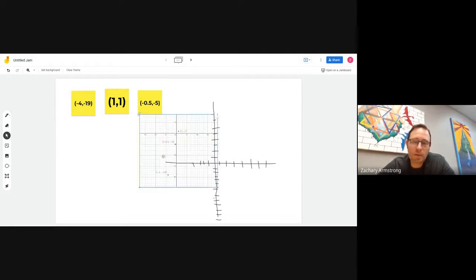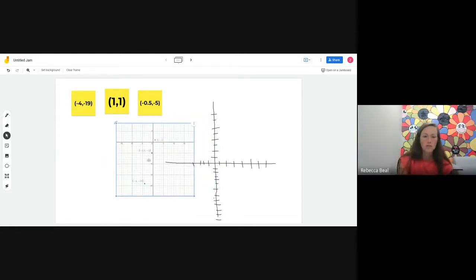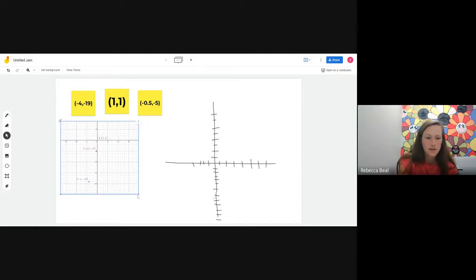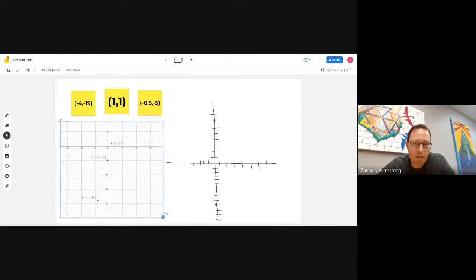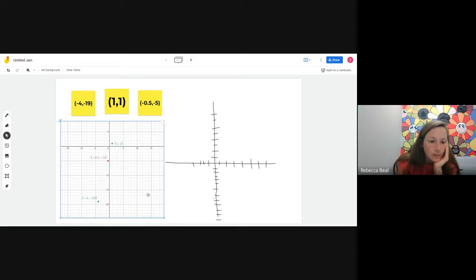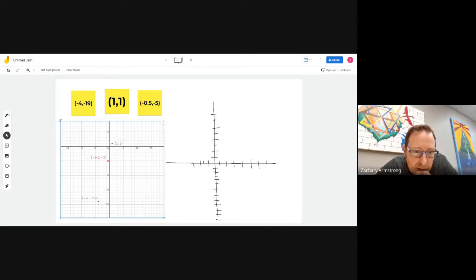So is this what you were thinking of doing, Rebecca? Oh, nice. Did you use decimals to make that? Yeah, and then just see if those points can be connected with a line. It looks like they should be on a line.